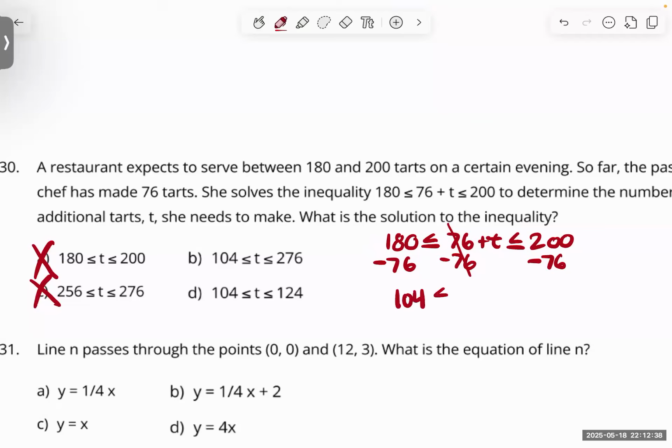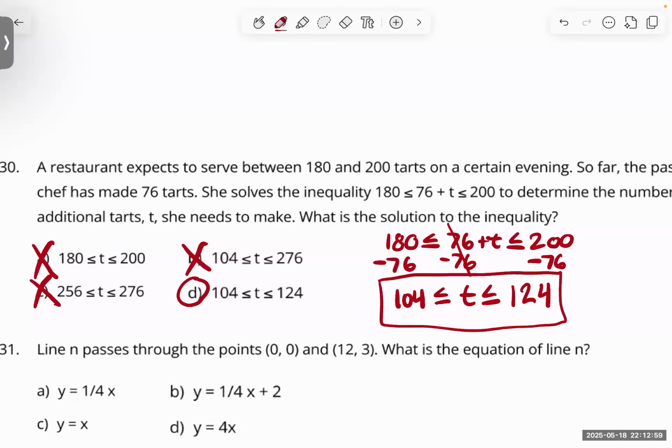So 104 is less than or equal to T, which is less than or equal to, and obviously from here, if I'm doing 200 minus 76, it's going to be less than 200, which eliminates B. My answer is D. But let's check. 200 minus 76, plug it in your calculator, is 124, which is indeed our answer.